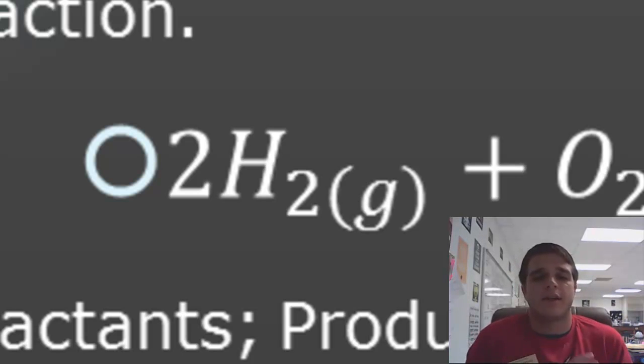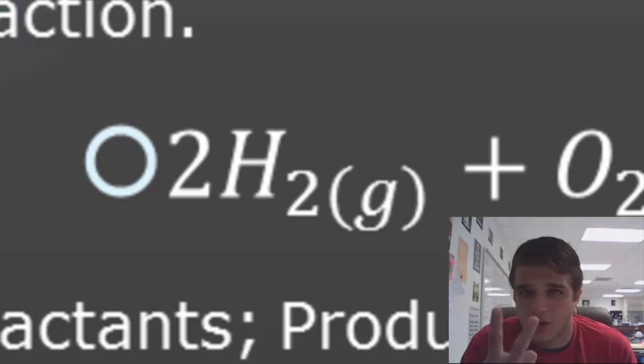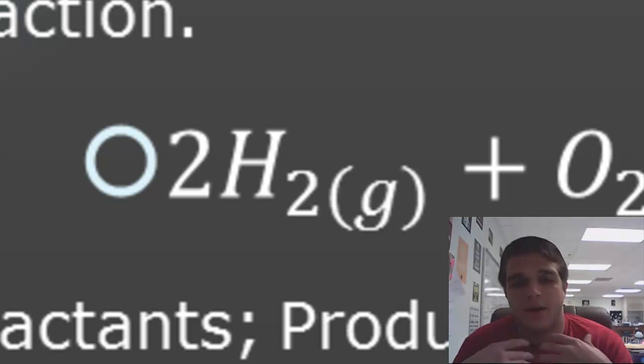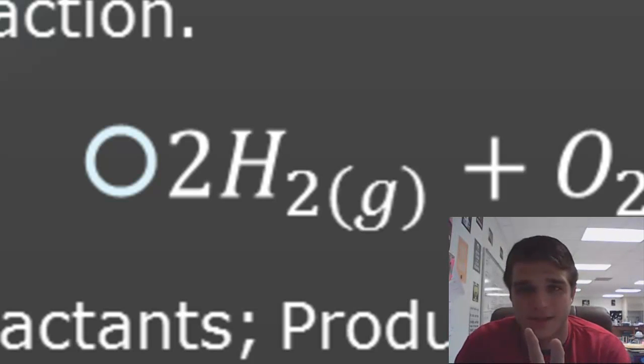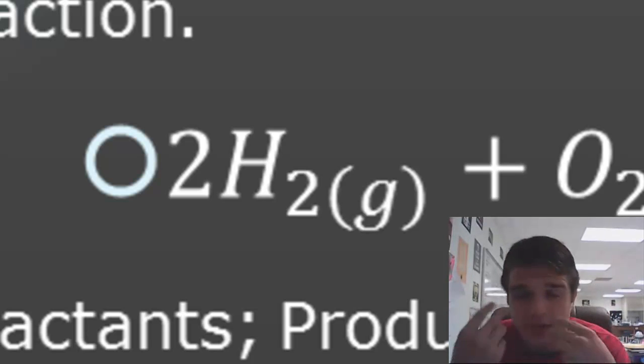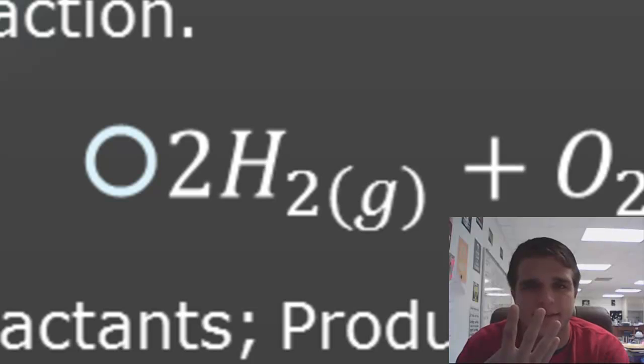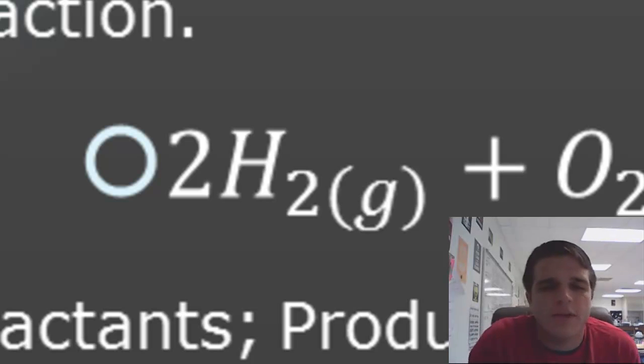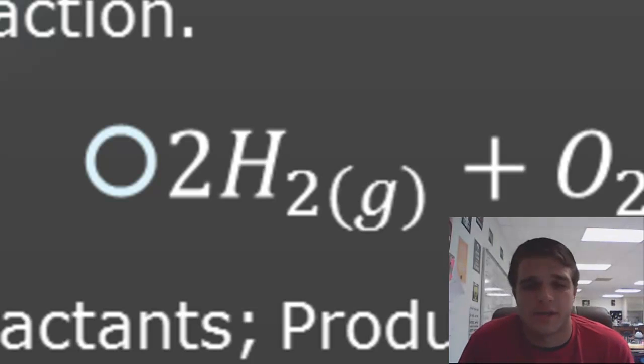So there are 2 units of H2. Originally there were 2 hydrogens, now that there are 2 units of 2 hydrogens, 2 plus 2 is 4. Easy, you got this stuff. So we use the coefficients to balance our equations.